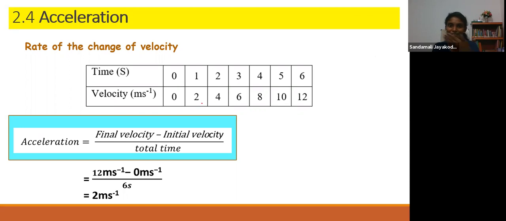In that way, velocity is increasing. So we can find the acceleration here. To find the acceleration, we have to subtract the initial velocity from the final velocity, and then divide the answer by the total time it has spent.